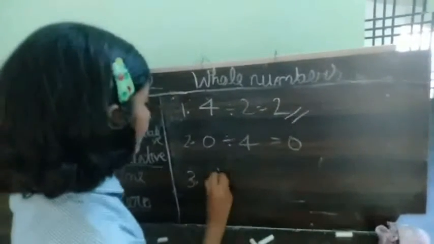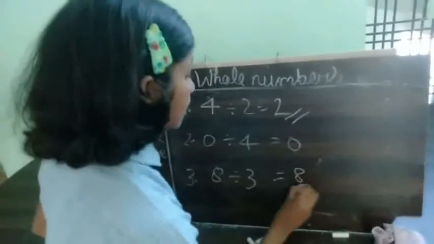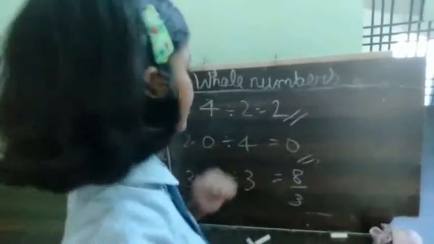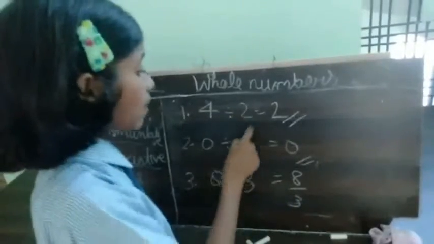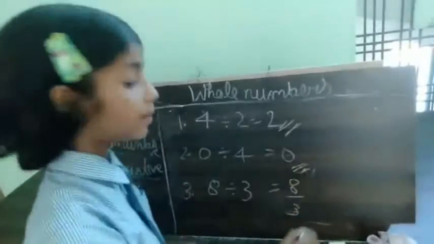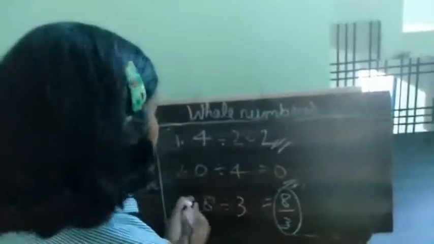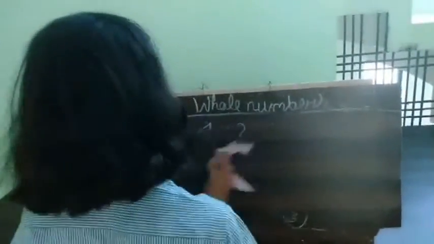Third, 8 divided by 3 equals 8 upon 3. You are seeing here that in the first two the answer comes as a whole number, but here the answer is not a whole number. Means if we divide any number, the answer may or may not be a whole number. This is our first property.